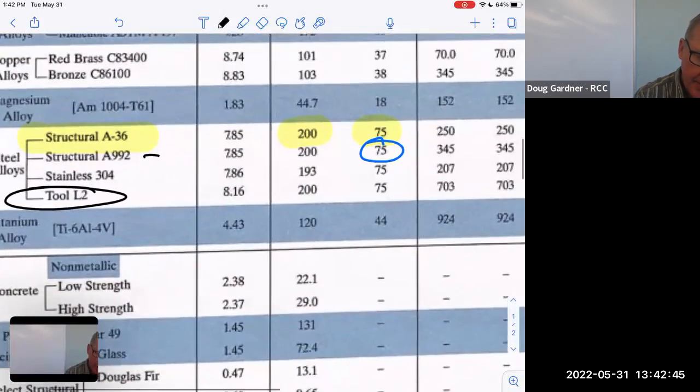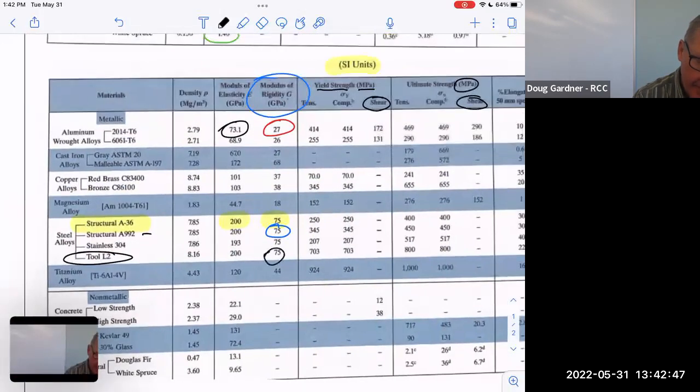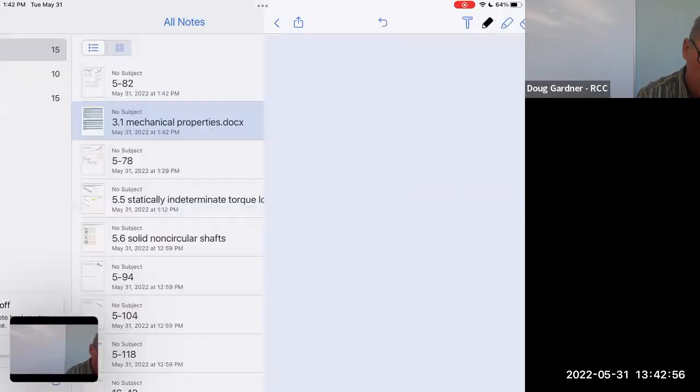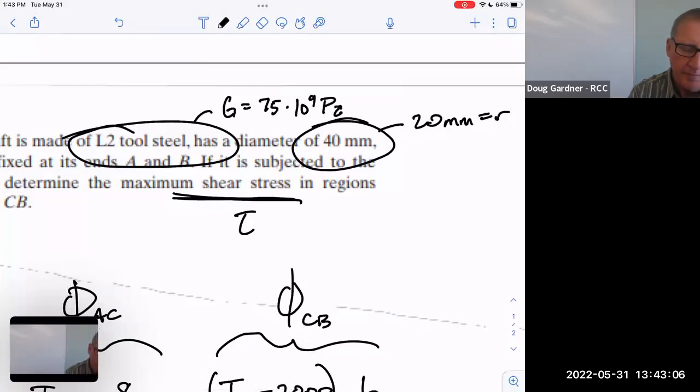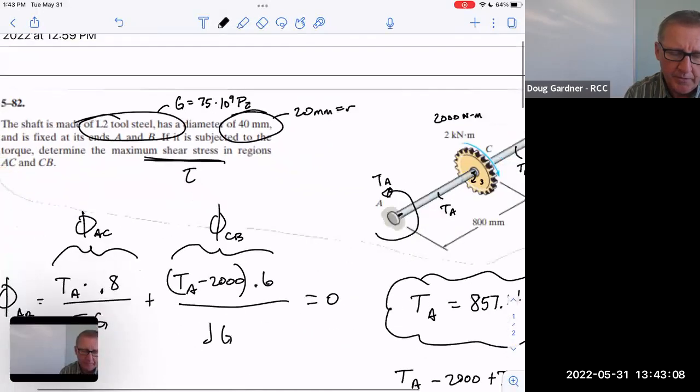So I need the G value, which is that 75 right there. So it's 75 times 10 to the 9th pascals. So I know that.